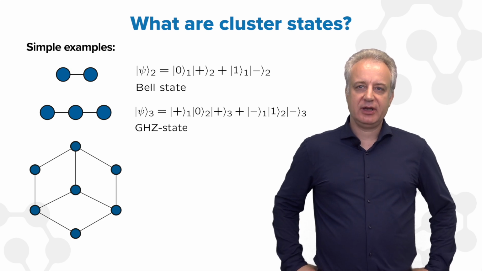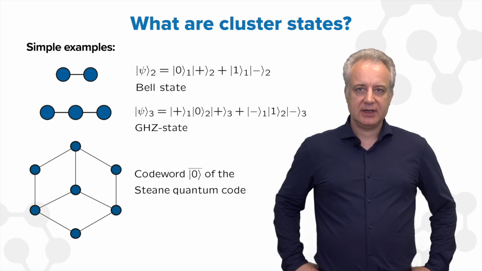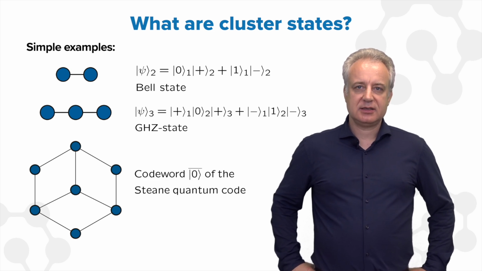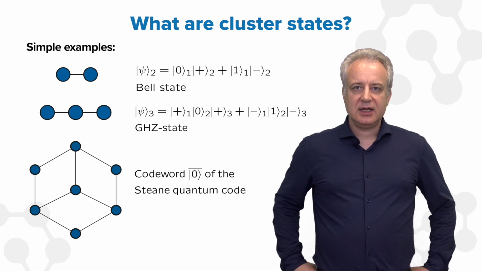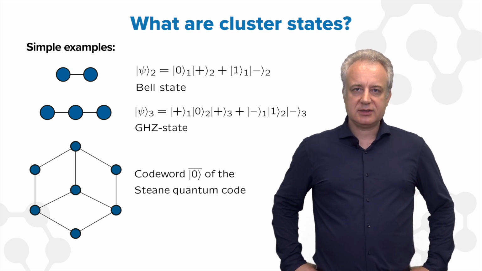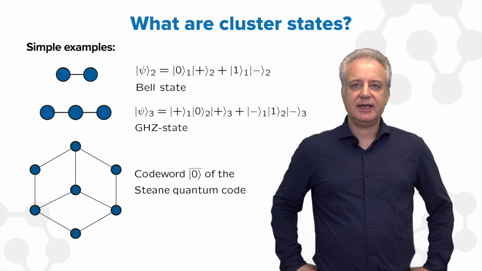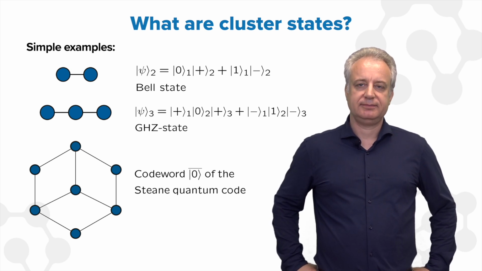What you see here is a cube with one vertex removed. The cluster state on that arrangement is a state in the Steane code, the 7-qubit Steane code. This example is important because it shows you that cluster states are related to quantum error correction, and we'll make a lot of use of that.